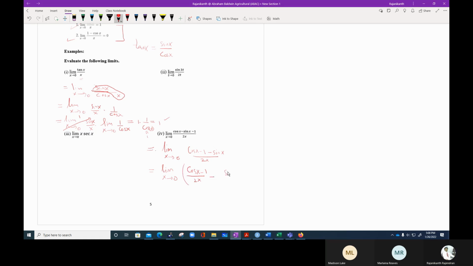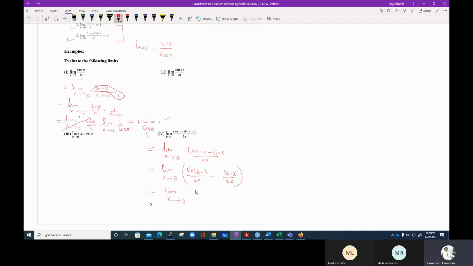So this is nothing but separating two fractions, right, using the expressions that are given.